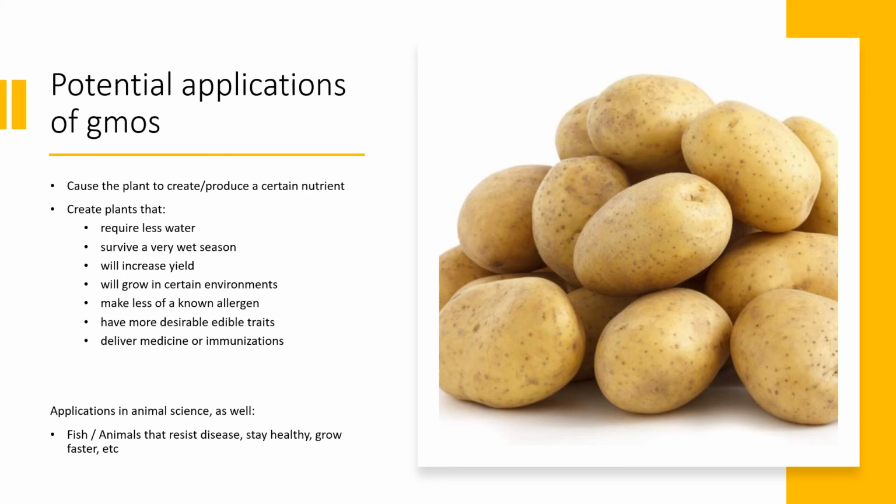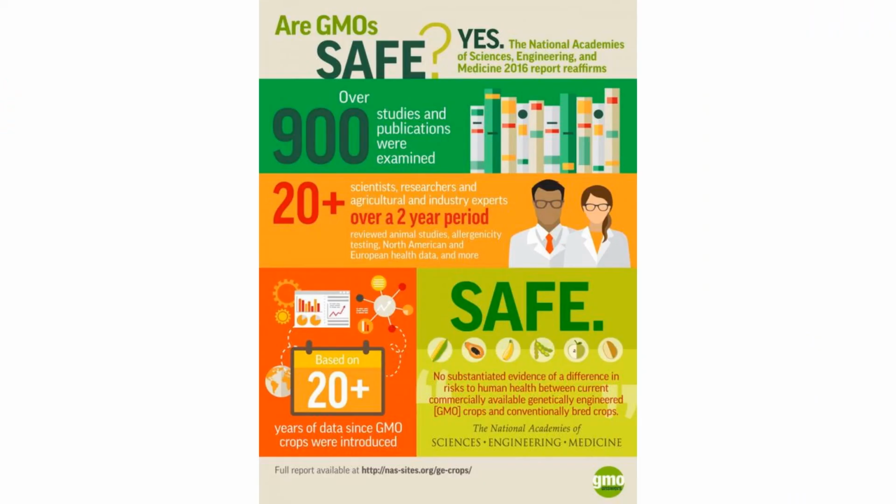So imagine if we were able to create peanuts that no longer have the protein that is a known allergen, potentially reducing the risk of peanut allergy reactions. So there are a lot of different applications, but the mistrust of the public keeps these applications from really moving forward. Of course, the major question that we have: are GMOs safe?